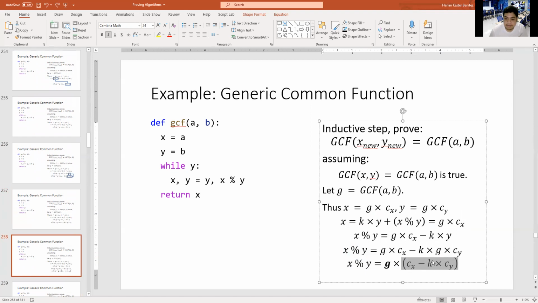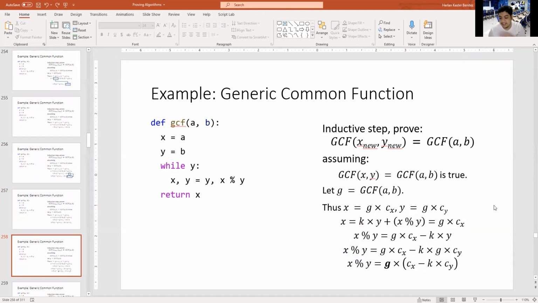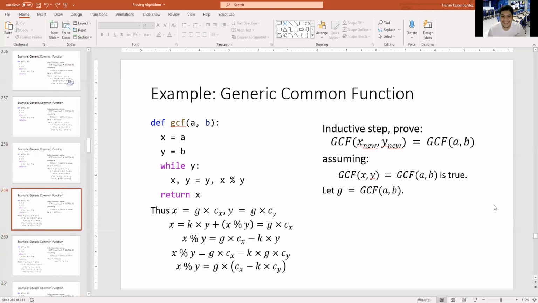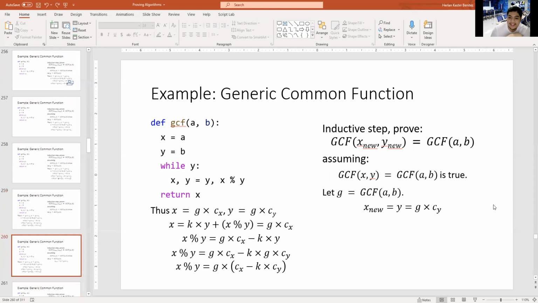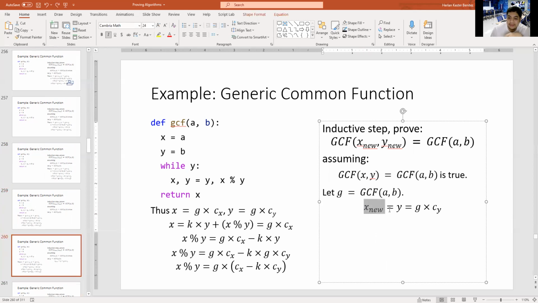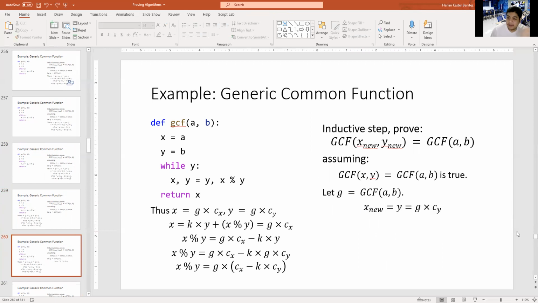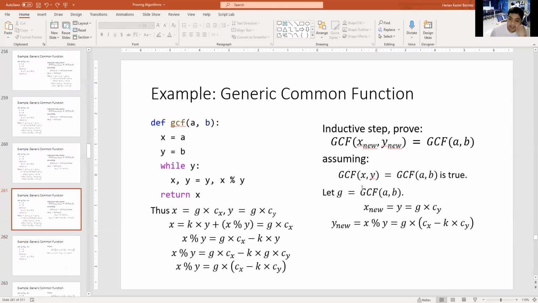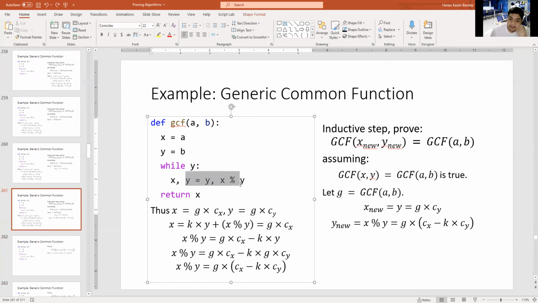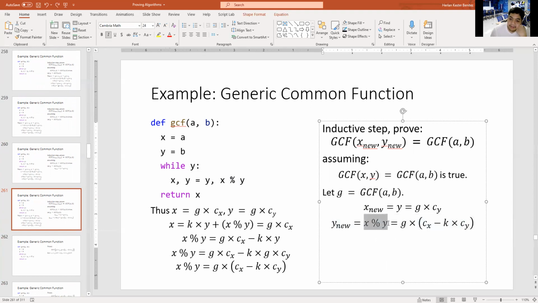So let's put this to the side. Galing. And ayun, let's just state that x new will be y, and that will be equal to g times cy. So yun pa yun kanina pa from the start. And then yung bagong y new, will be x modulo y, which is yung kaka-expand lang natin as g times cx minus k times cy.